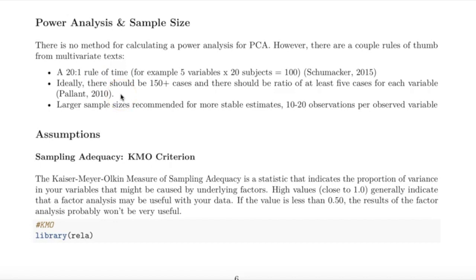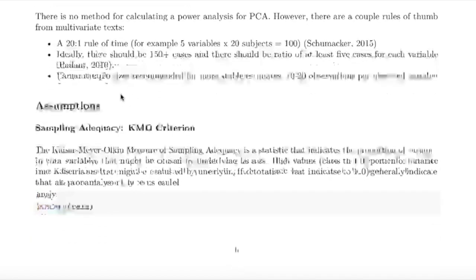Ideally, you would have 150 cases total, at least 5 cases for each variable. As always, larger samples are better and recommended, and then having 10 to 20 observations per variable should be enough. So you can cite any of those when you are conducting your own PCA.